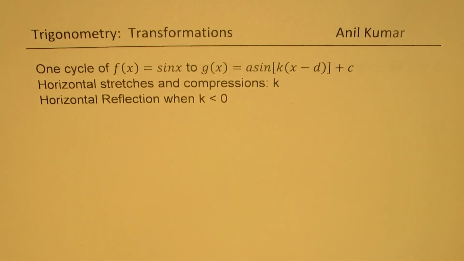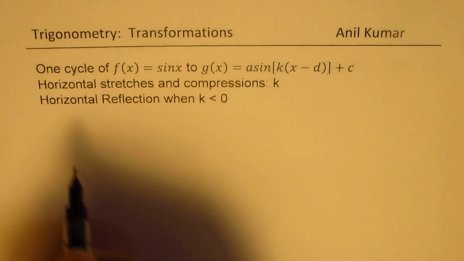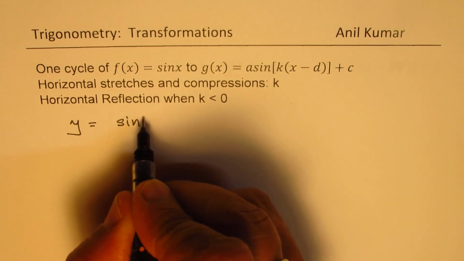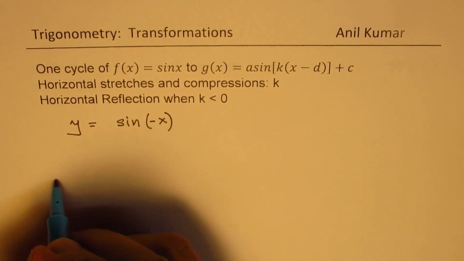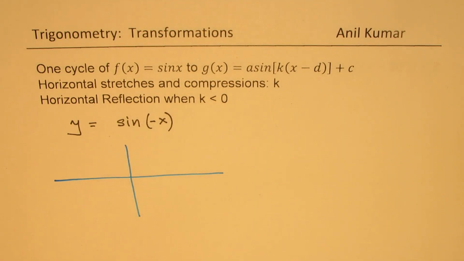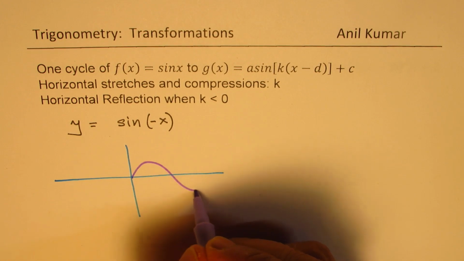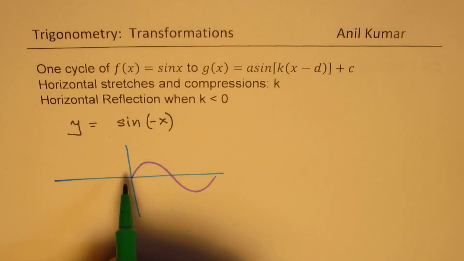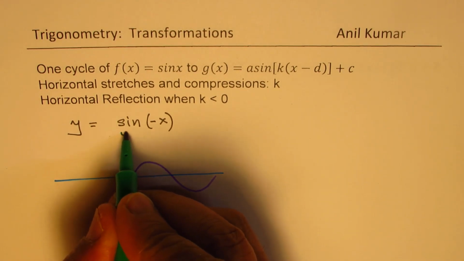Now let's talk about horizontal reflection. Now when we say horizontal reflection, then we may have an example as y equals to sine of minus x. Now in case of sine of minus x, what really happens is that a graph of sine x, which is kind of like this, will get reflected on the left side on y-axis, right?